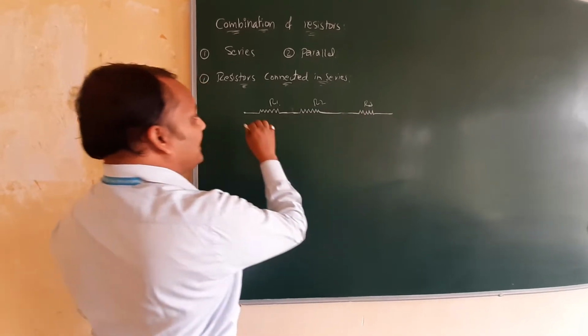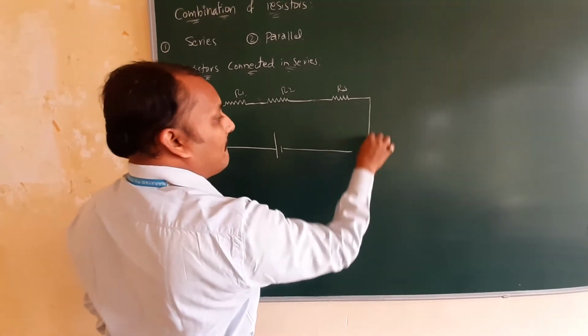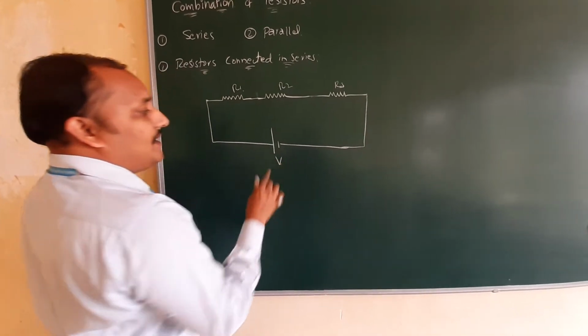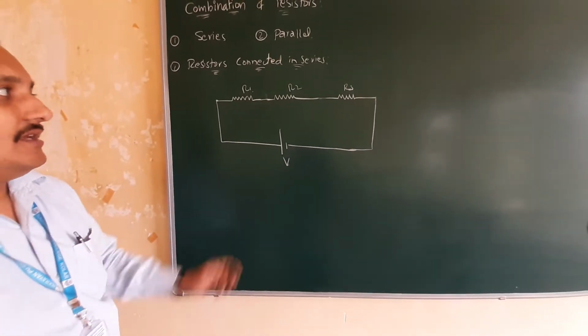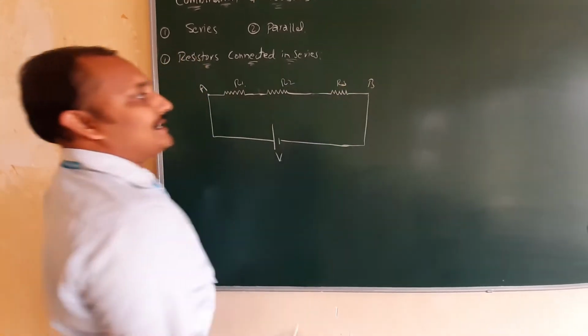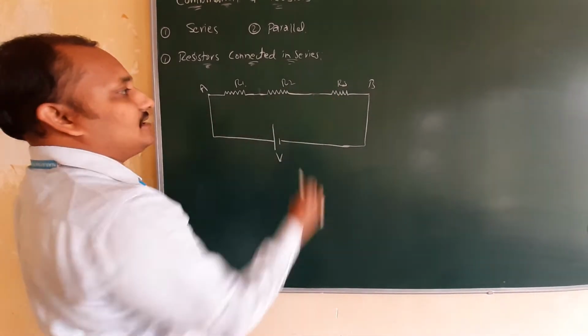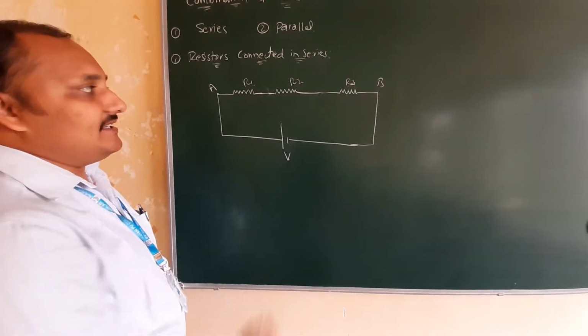And these two ends we are connecting to a battery of potential V. So these three resistors R1, R2, R3 from A to B are connected in series, end to end.